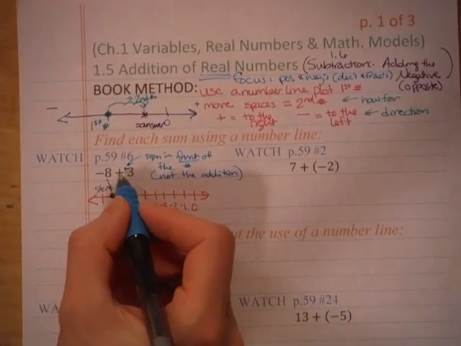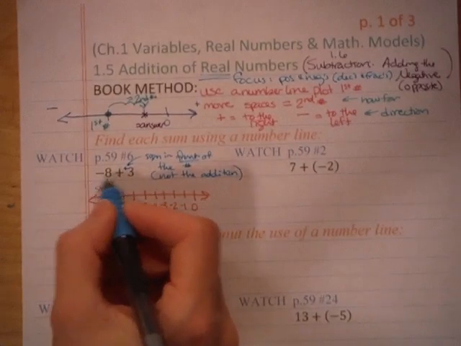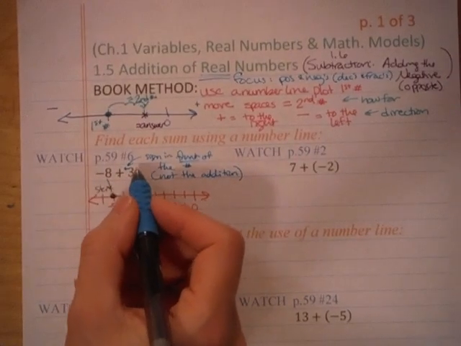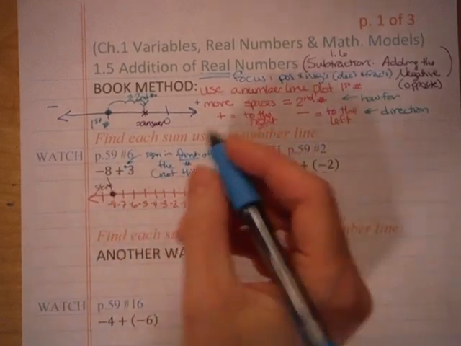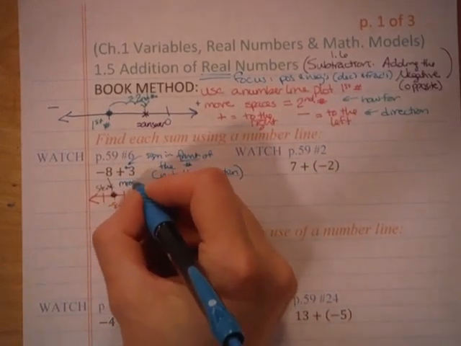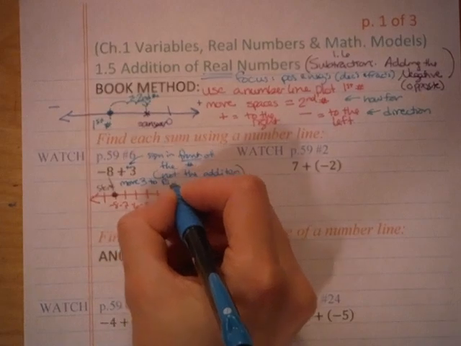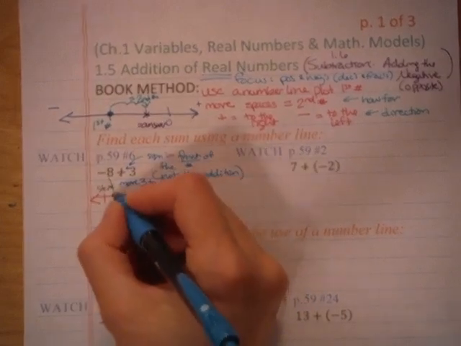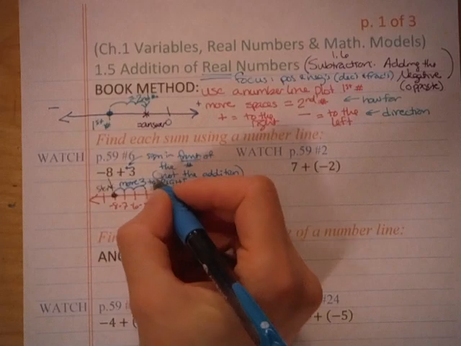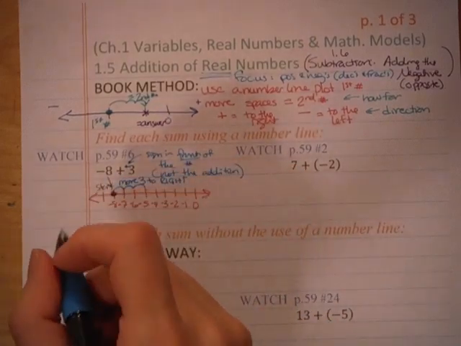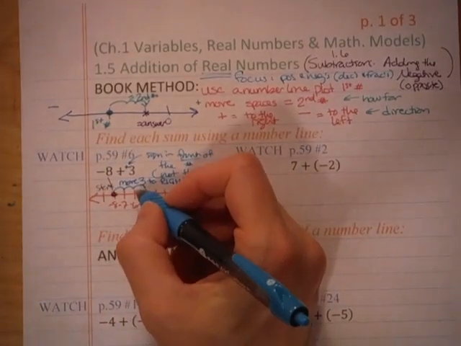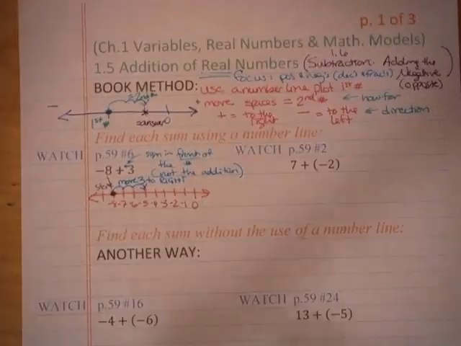This is how you add positive or negative numbers, okay? So it's a positive 3, so we're going to move 3 to the right. So we're going to go 1, 2, 3. It's like learning how to play a board game. You had to learn how to jump those little squares. That's exactly what we're doing here.